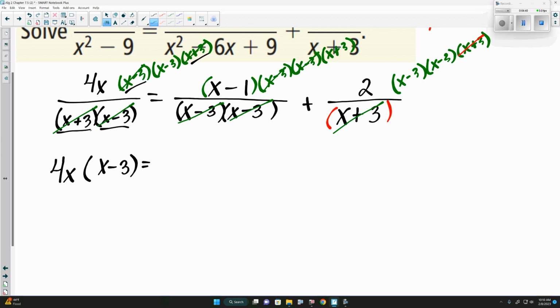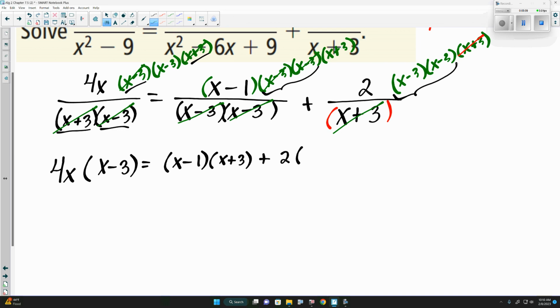In the middle, what we started out with on top of the fraction is x minus 1. Both of the x minus 3s did cancel out, but we were still left with an x plus 3. Plus 2 times, the one x plus 3 did cancel out, leaving us with what? X minus 3 and x minus 3.